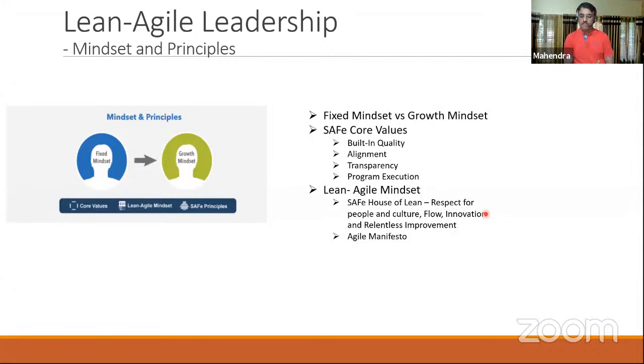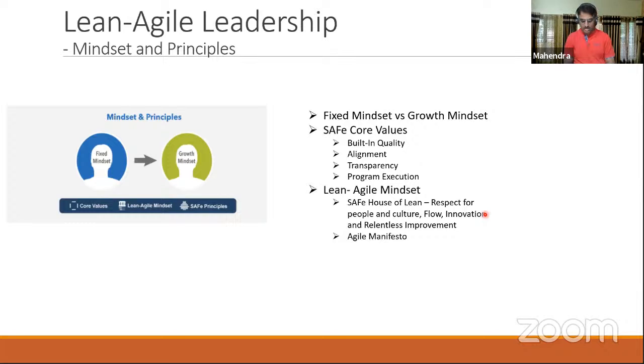And the lean-agile mindset. The SAFe house of lean has these aspects: respect for people and culture, flow, innovation, and relentless improvement. I did mention it earlier. And the fundamentals of the Agile Manifesto, the 4 values and the 12 principles, still apply.